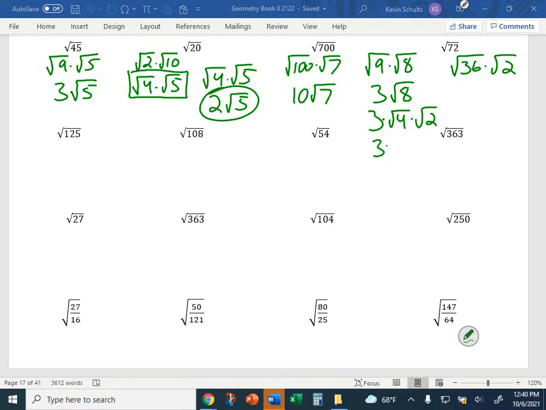And so ultimately we get 3 times 2 times root 2, or 6 root 2. Whereas Peter, being the efficient man that Peter is, picks 36 times root 2, and what's the root of 36? 6. We get to the final answer in 1 step rather than 2 steps.